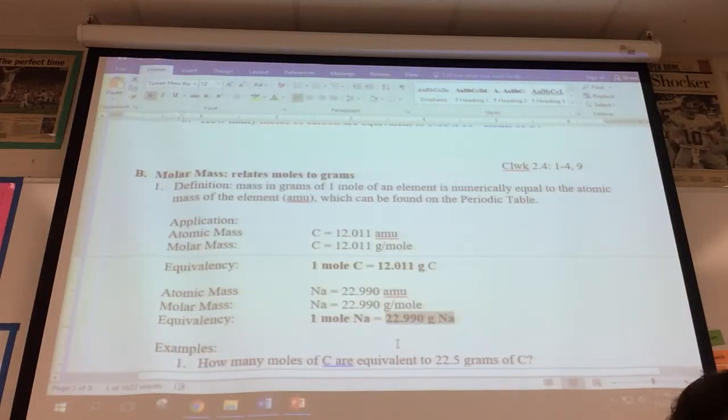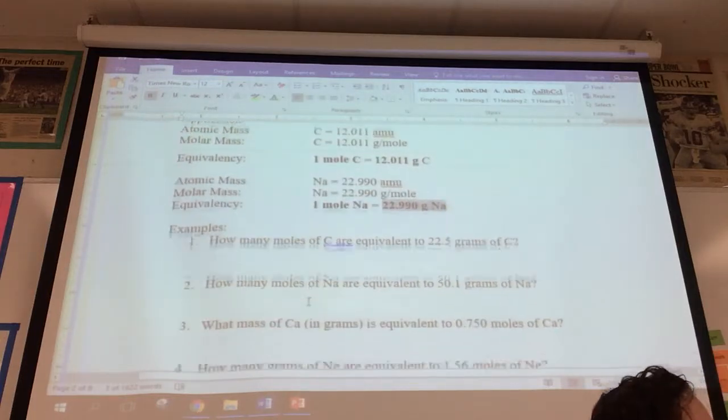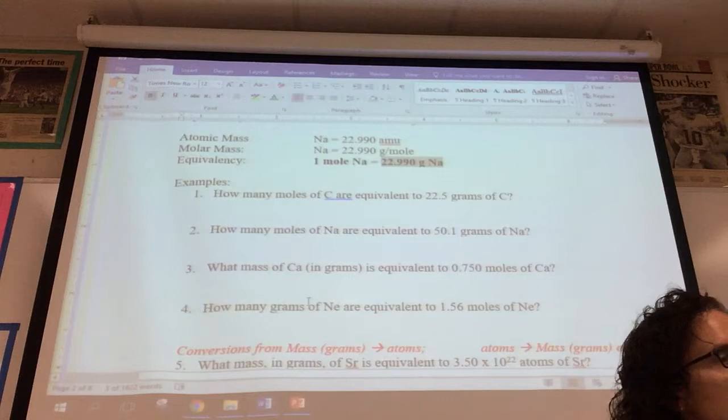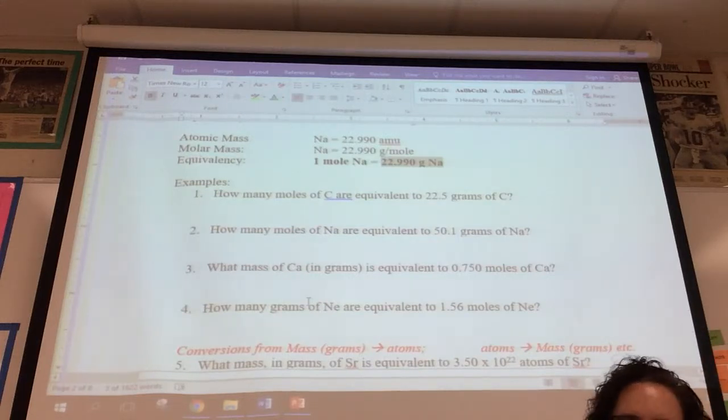So from the periodic table, we can change AMU to grams per mole, and then we can make equivalencies. 1 mole of any substance is equal to its mass in grams. Once we make these equalities, we can do simple conversions. And that's what we're going to look at here in 1 through 4.